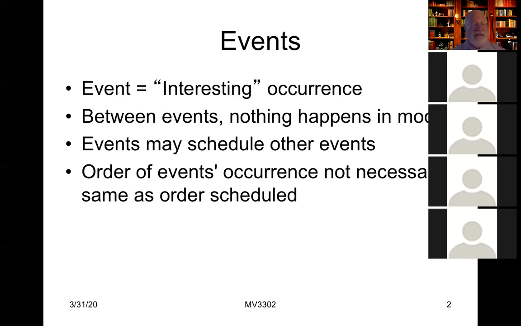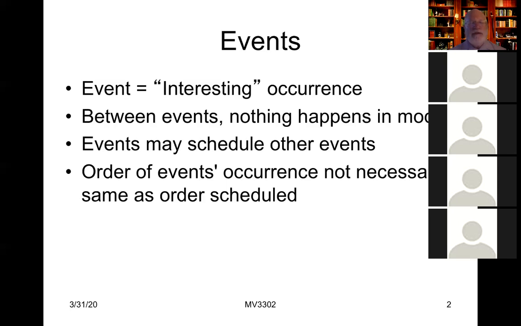Now, when an event occurs, its two main functions are to perform its state transition, but then the second important one is to schedule other events. It may schedule events, it may not schedule other events, it may conditionally schedule other events. Again, all of that will be made a little bit more clear as we look at examples.